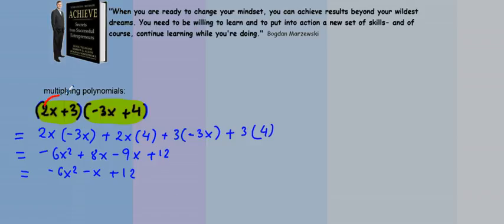Grab the first term and connect with the first from the second bracket and continue making that connection until you exhaust all possibilities. And then move to the next term and do the same thing. So 3 with negative 3x and eventually 3 with positive 4. So regardless of the length of involved polynomials that are to be multiplied, you would apply the same rule.